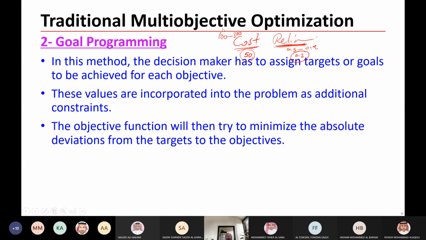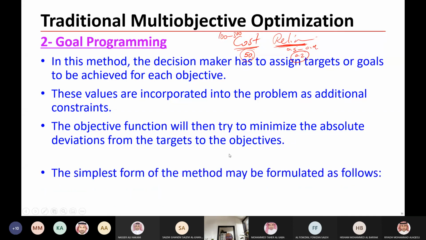If this is the range, the minimum distance will be achieved at the minimum value here, which is the nearest to 50. So this technique will give you the smallest value, or the nearest to the target. So the objective function will minimize the absolute deviations from the targets to the objectives.